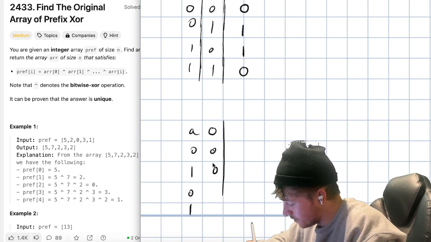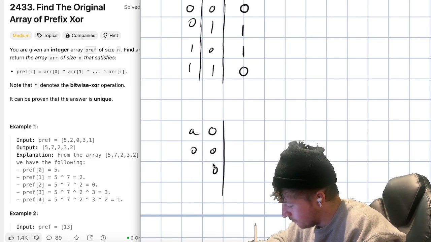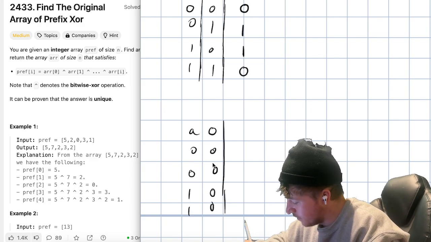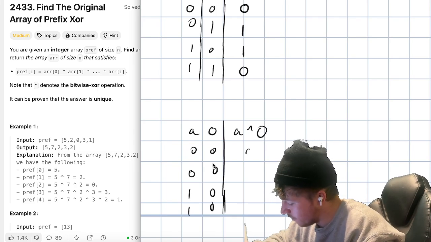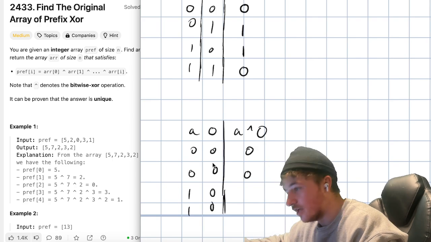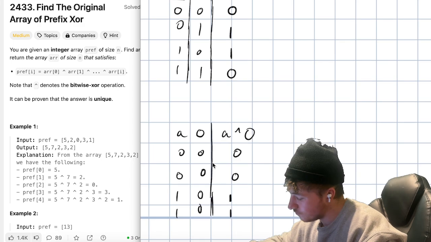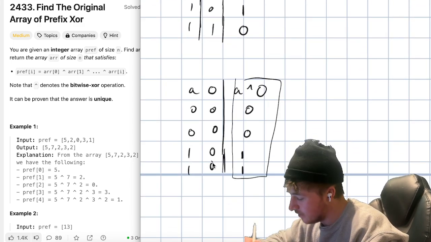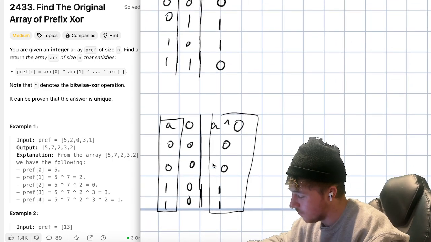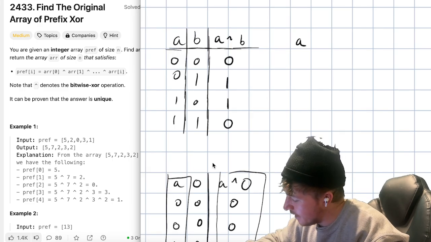I'll do it again just so the tables make sense. So what is A XOR 0? If A is 0, it stays 0. If A is 1, it stays 1. So from this operation, you can see that A XOR 0 is equal to A. Okay, so we have the first operation here, which is our table, but we'll note that A XOR 0 is equal to A.